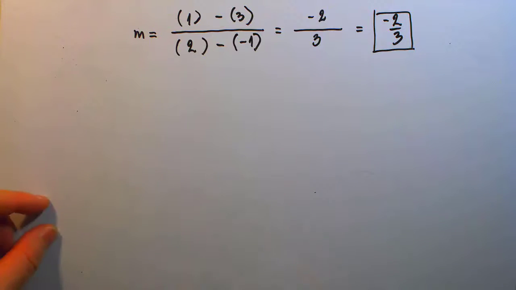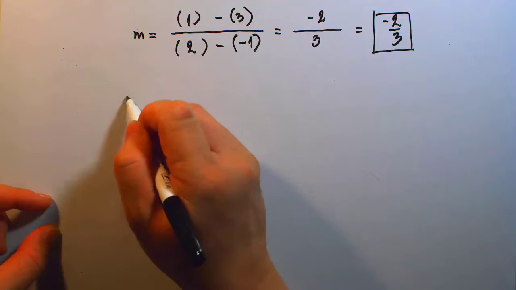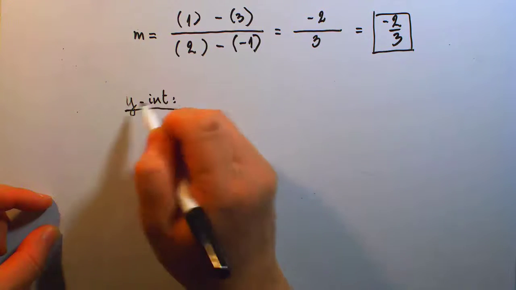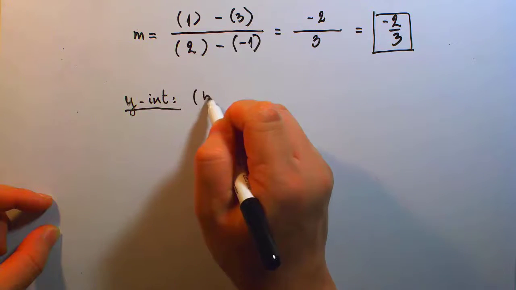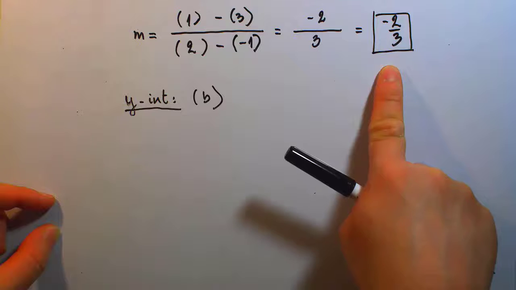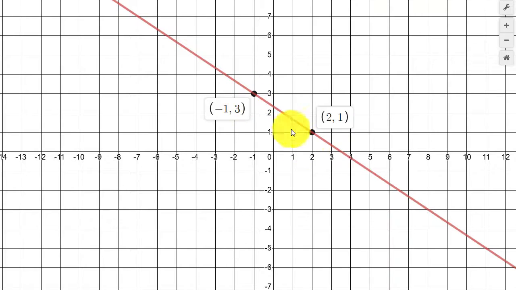The next step is to find the y-intercept value. Let me make a note right here. We are about to find the y-intercept value, namely the b value in your equation, and I still purposely leave the slope value here. The key in getting your y-intercept value is that, looking back here, any one of these two points is given.